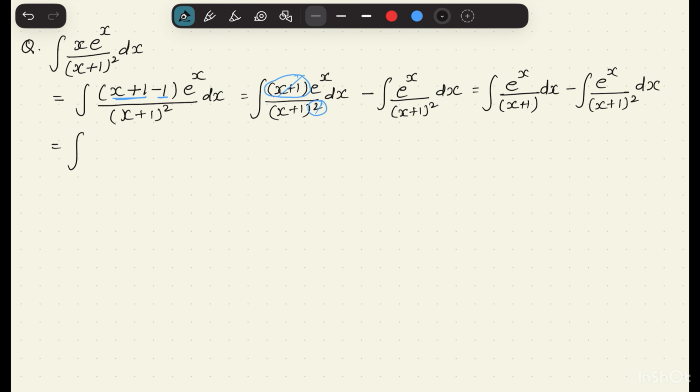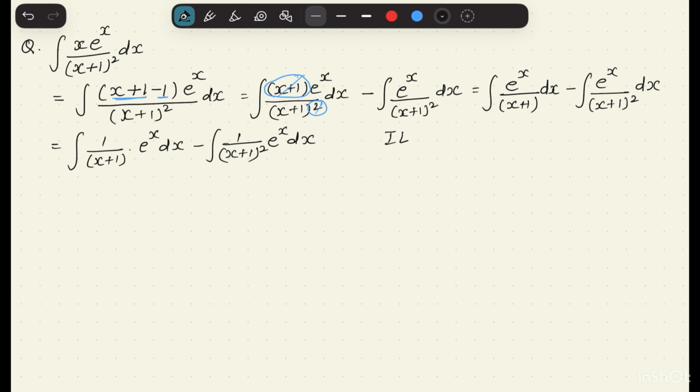So we have 1 upon x plus 1 into e to the power x dx minus 1 upon x plus 1 whole square e to the power x dx. Now again we will decide which one is first function and which one is second function.